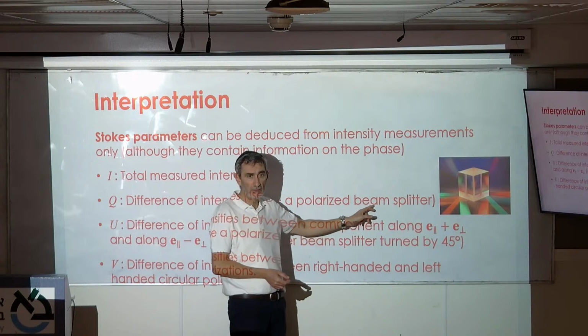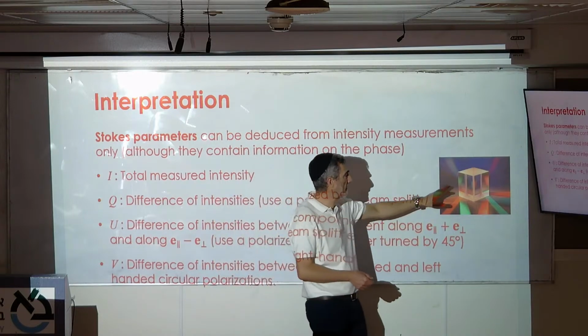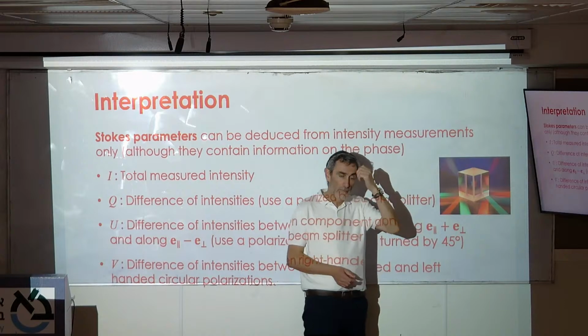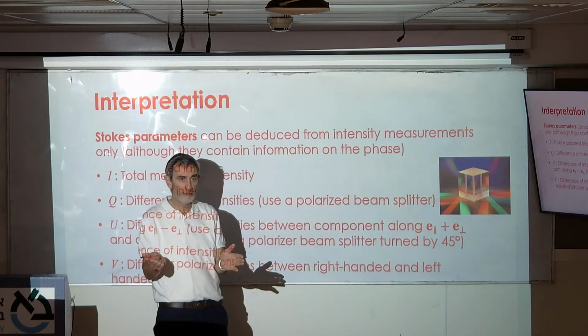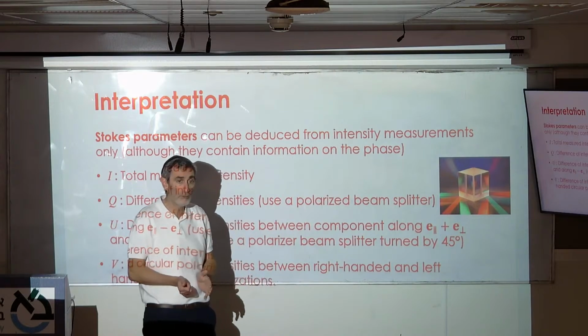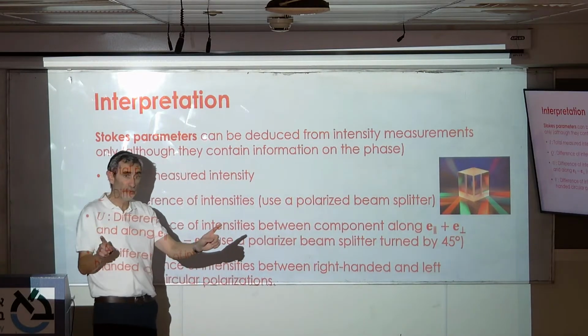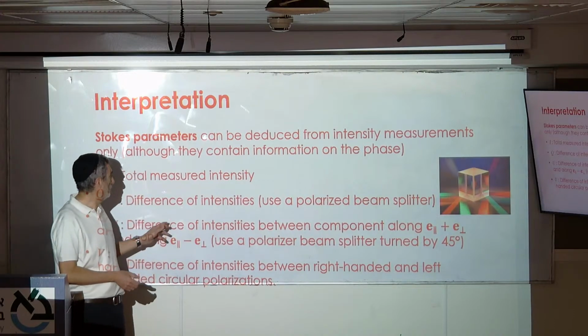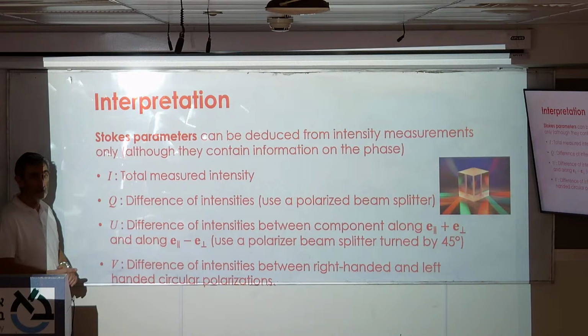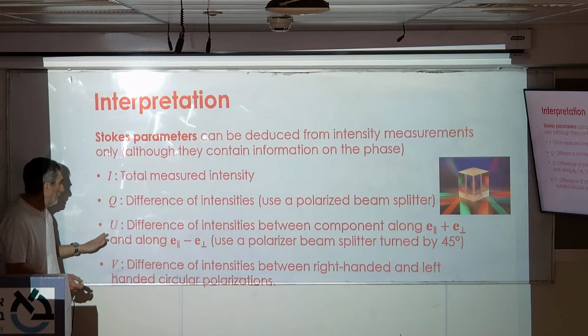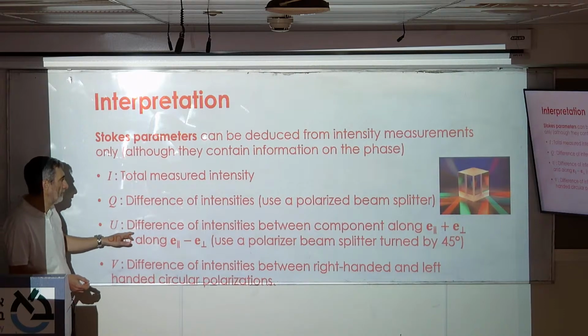The other one I don't remember. So U is the difference of intensity between components along E parallel plus E orthogonal and along E parallel minus E orthogonal. So you use a polarized beam splitter turned at 45 degrees. So then you can catch the sum and the difference of the 2 components. V is the difference of intensity between right-handed and left-handed circular polarization.